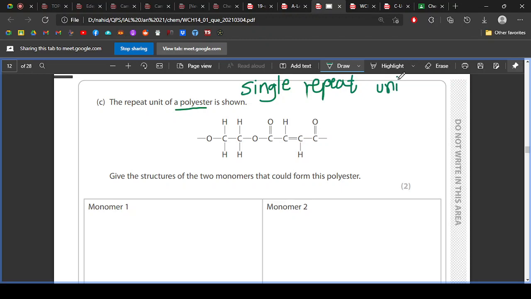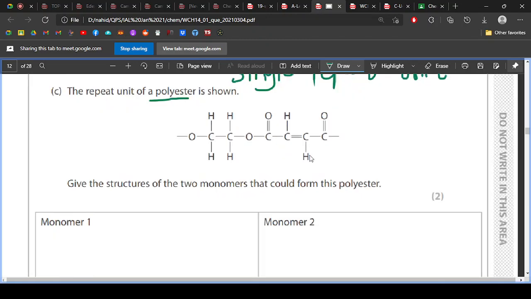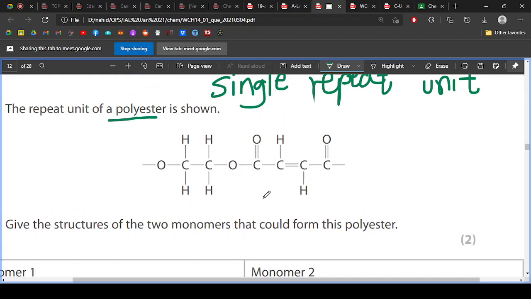Can you figure out the monomers that can be present in this structure? Which ones could be the monomers?